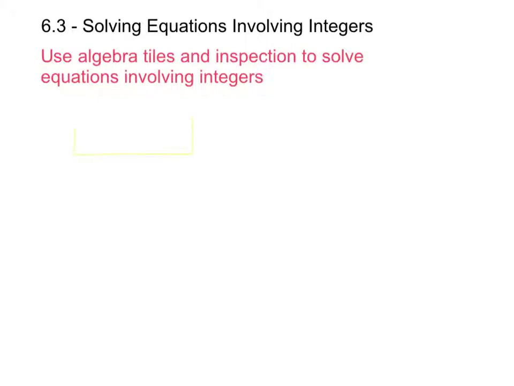If you recall our long rectangular yellow tile, do you remember what that represented? Your long rectangular yellow tiles represent your variable. And we also have our small unit tiles.